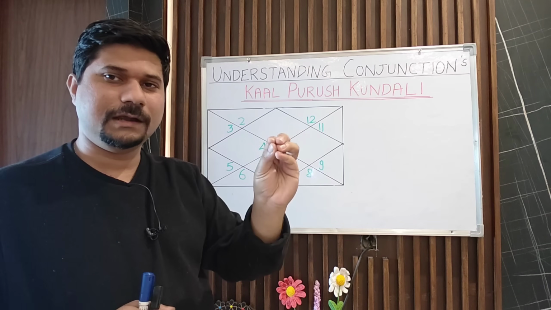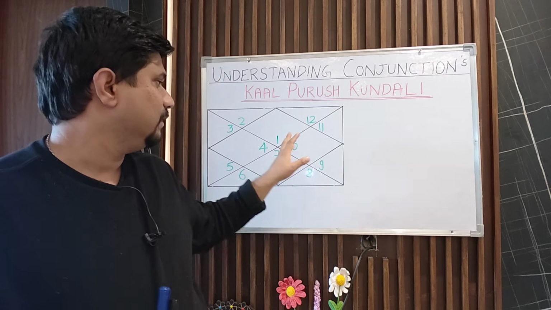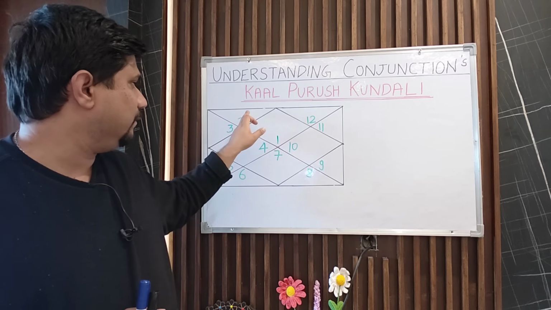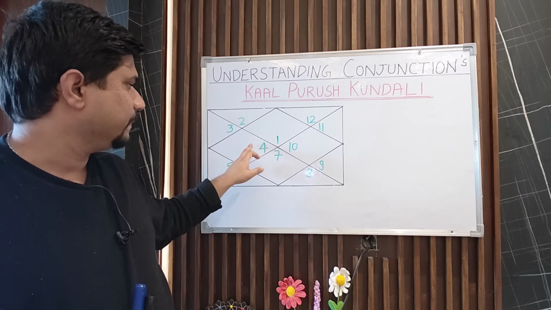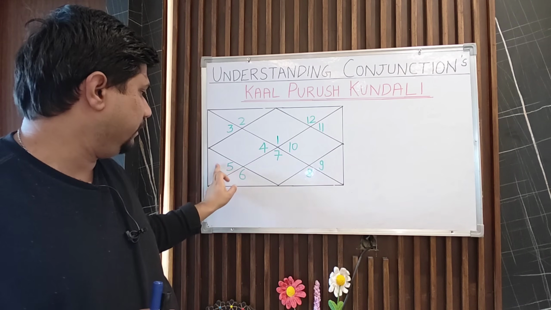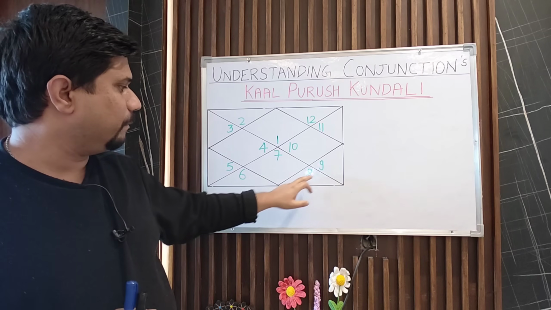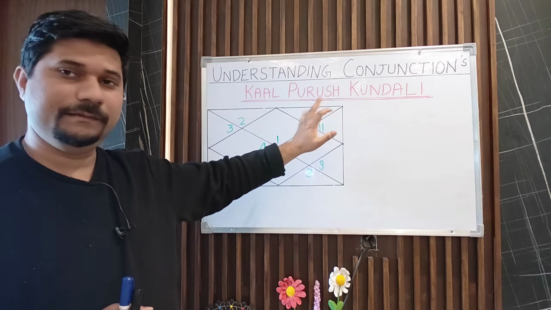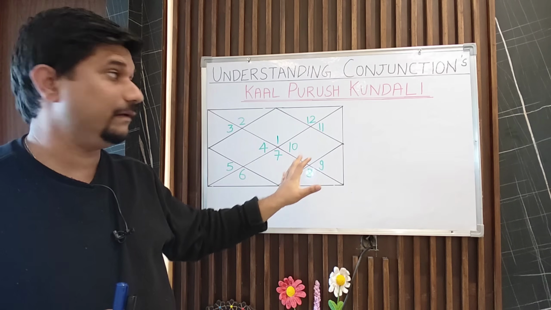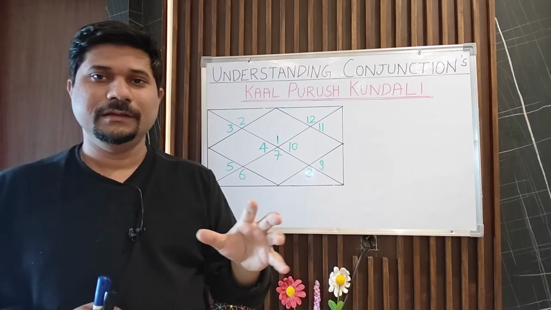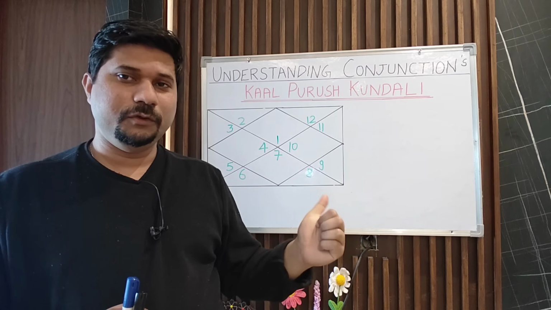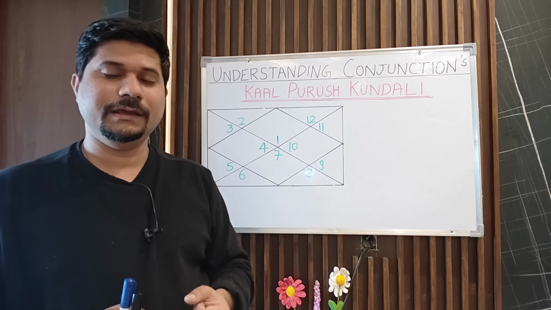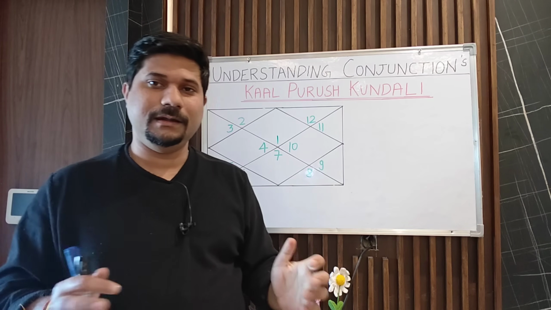It is the simple chart, the Aries ascendant chart, in which the first house is Aries, then Taurus, Gemini, the sign of Cancer, the sign of Leo, Virgo, Libra, Scorpio, Sagittarius, Capricorn, Aquarius and Pisces. So this is the Aries ascendant chart, which we also call the Kaal Purush Kundali. Now using this Kaal Purush Kundali, today I'm going to help you understand the planetary conjunctions.